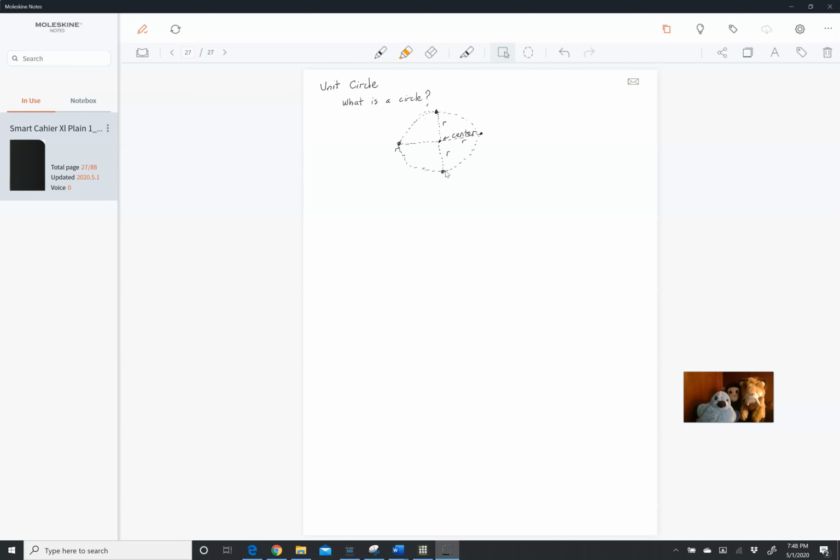So the way that we would define a circle is all points that are a fixed distance r from a single point.